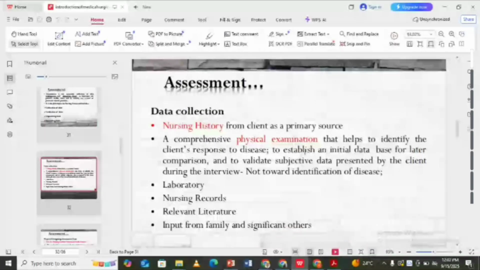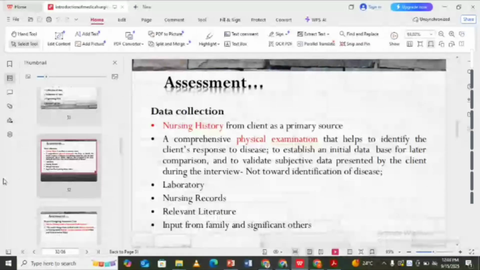So, assessing data collection through physical examination will help you to pick baseline data from the laboratory records of the patient, the nursing records, and reading relevant literature on what the patient is presenting with.